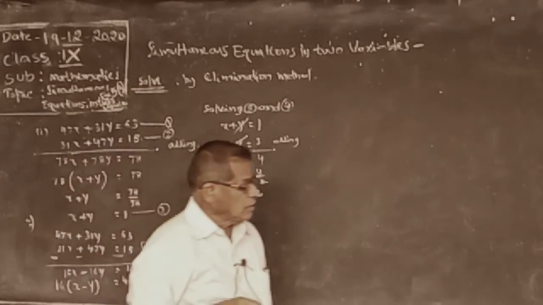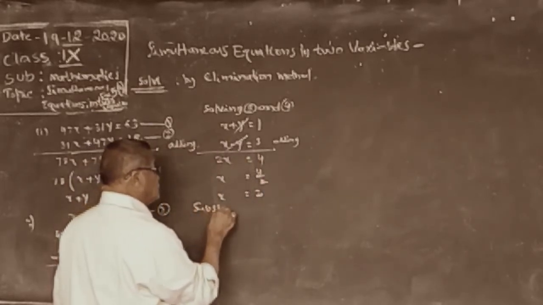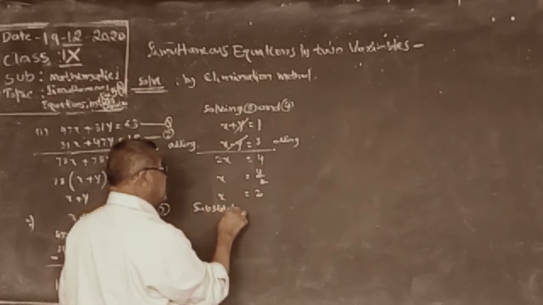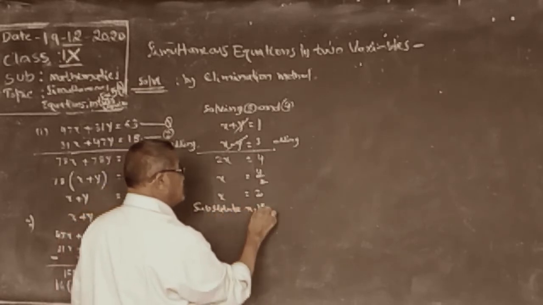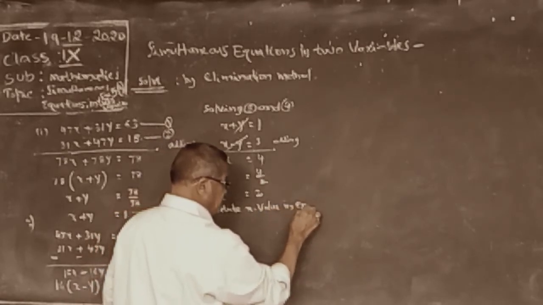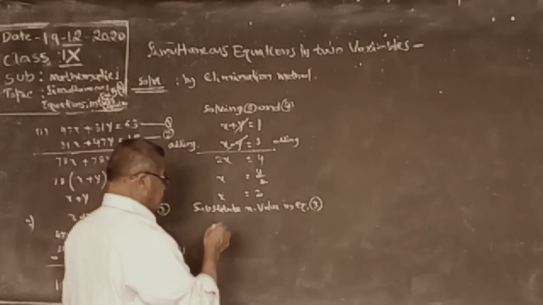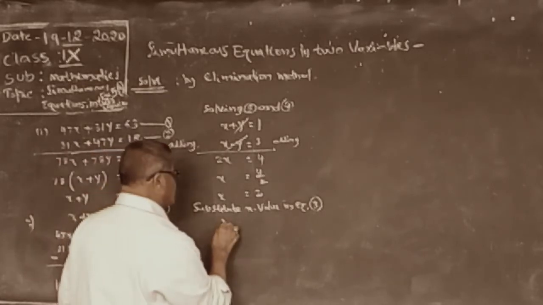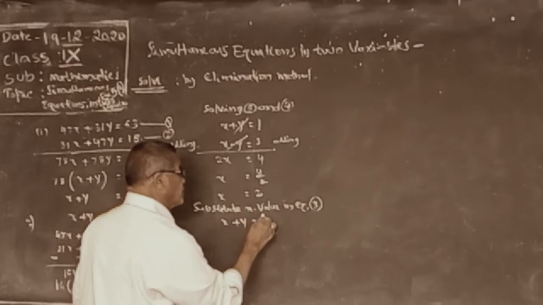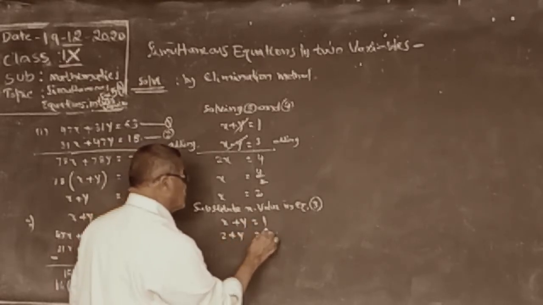Substitute the x value in equation 3. What is the 3? X plus y is equal to 1 and the x value is 2. 2 plus y is equal to 1.